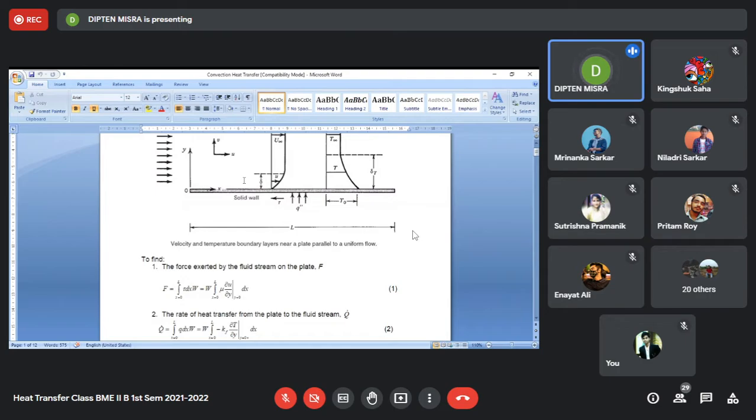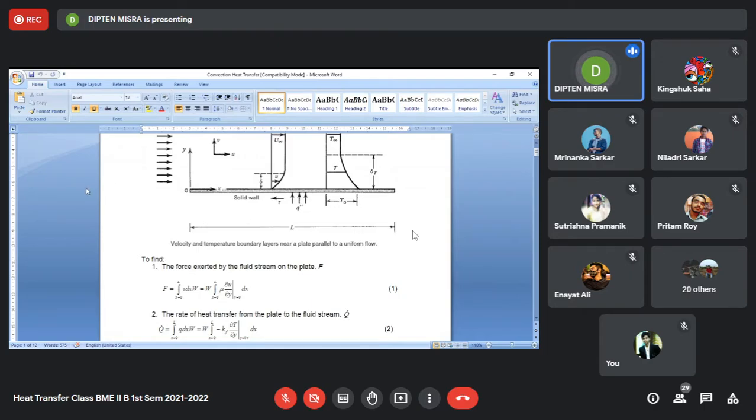They are equal in magnitude and opposite to each other. The fluid is trying to push the wall in the downstream direction, and the wall is trying to slow down the movement of the fluid by exerting a drag force in the backward direction. The magnitudes of these two are the same, but their signs are opposite to each other. So that is what we are interested to find out.